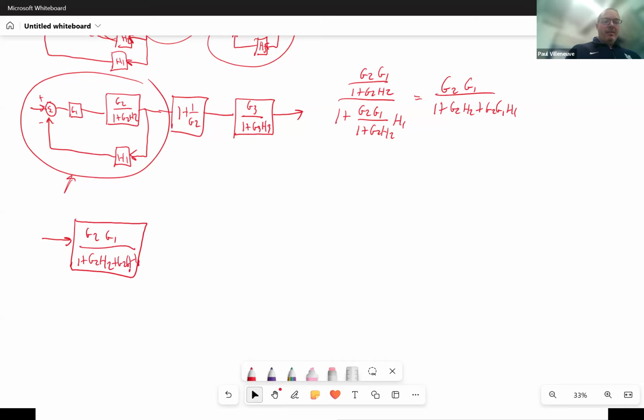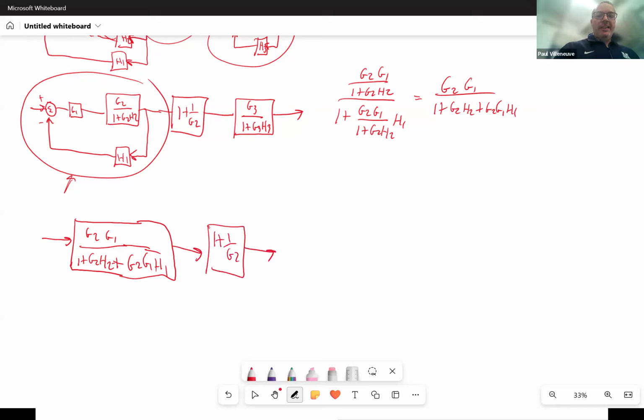Let me make the block a little bit bigger, so I'm not cramming it in here. And then that's in cascade with this. And then that's in cascade with this.